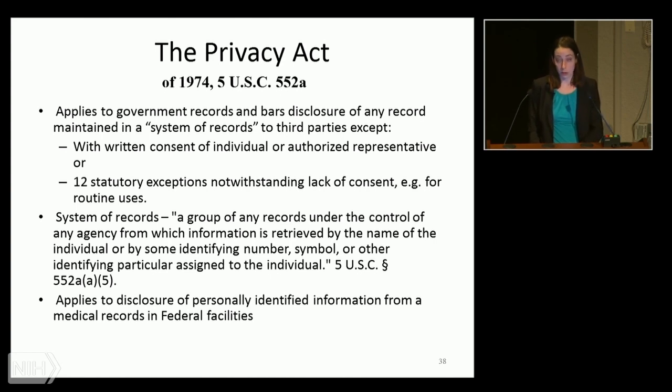The publication in the Federal Register also informs what type of information will be collected and how it will be used. And the public is considered on notice once it's published in the Federal Register. Violations of the Privacy Act can lead to both criminal and civil penalties.